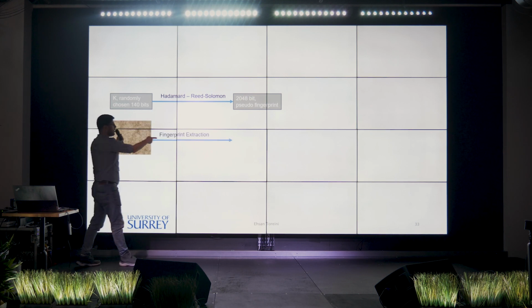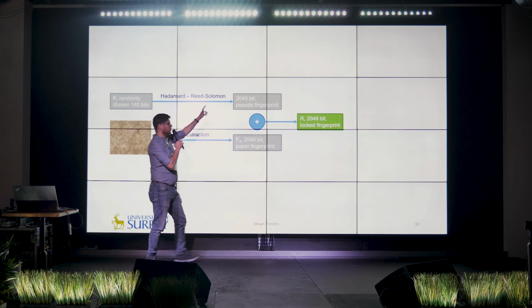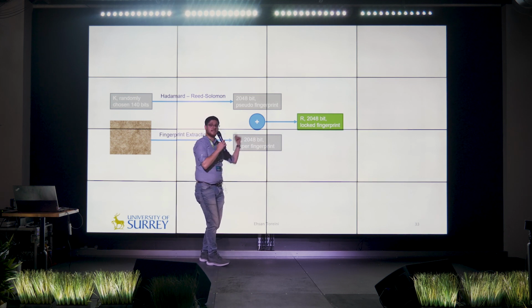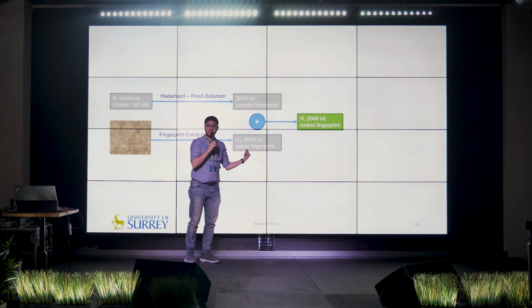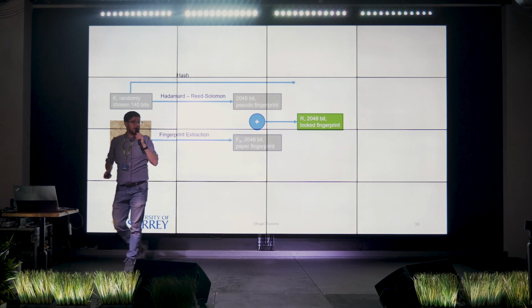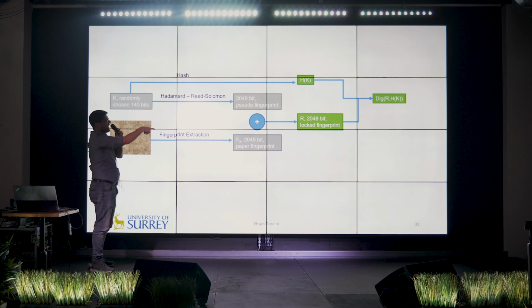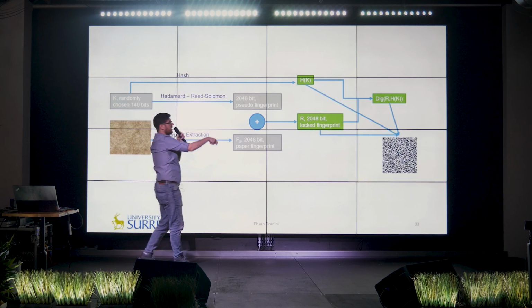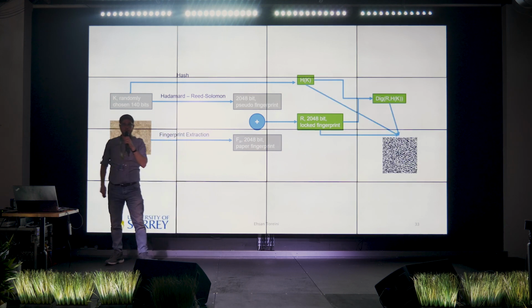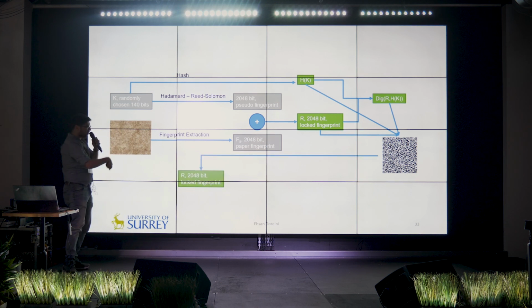You have the paper, you get the fingerprint, you XOR these two together, you create a locked fingerprint, and when you do this, you are protecting the fingerprint itself by using a random key. And what you do next is you put the hash of the key and a digital signature of both of them as the QR code. So that would be the registration stage.